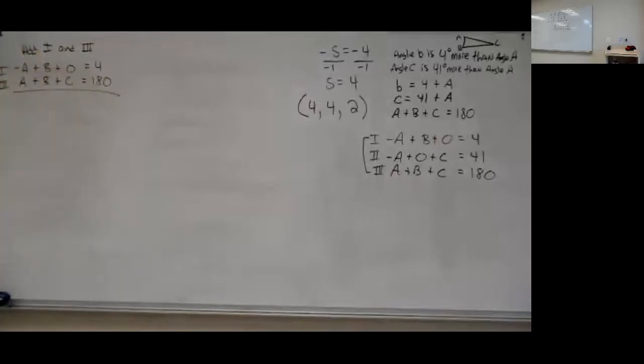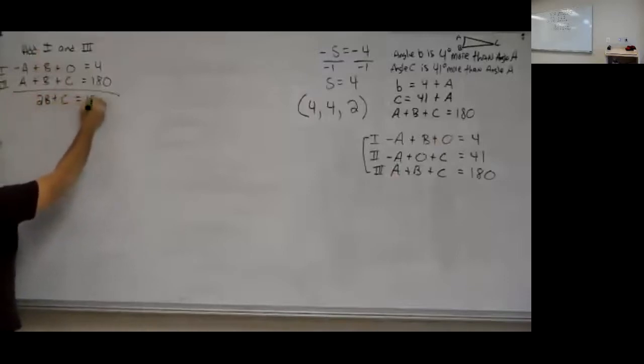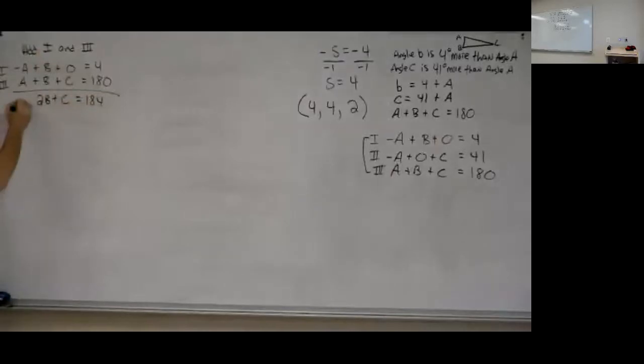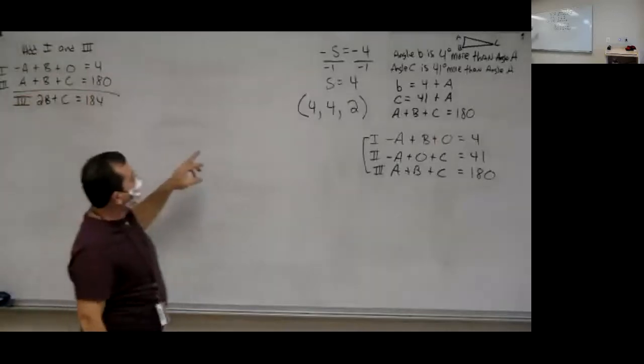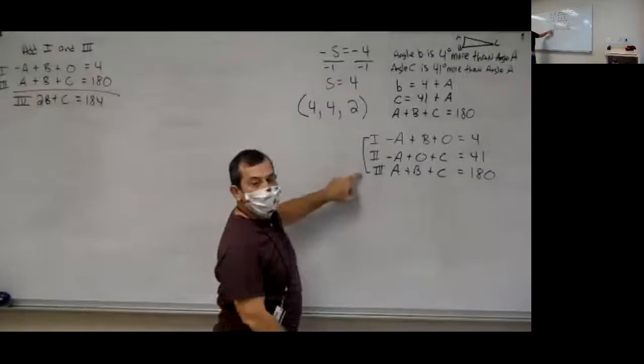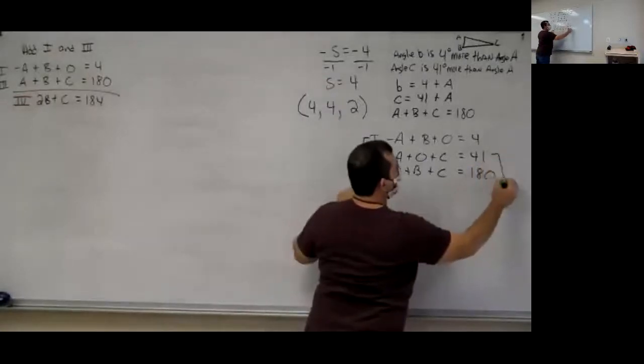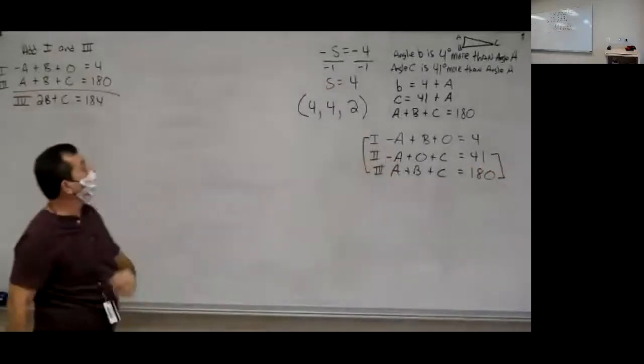Okay. Well, you got rid of the A's. So B plus B is 2B plus a C equals 184. So that's now row 4. Now, if I used 1 and 3, this time I gotta use 2 and 3.